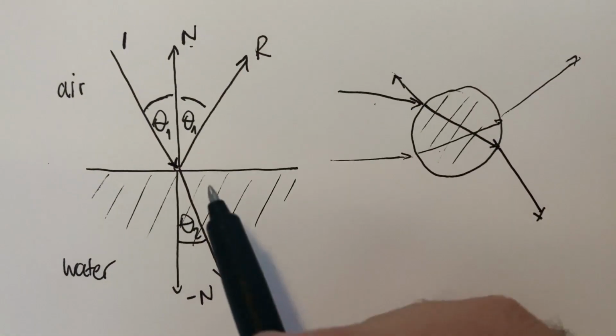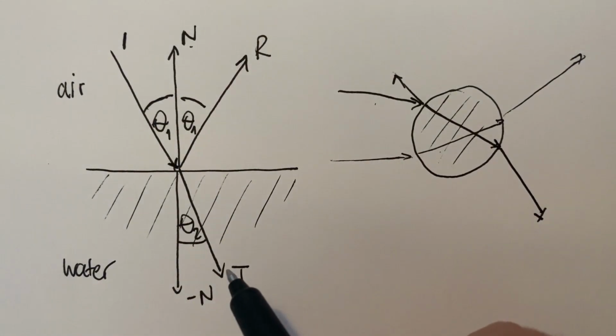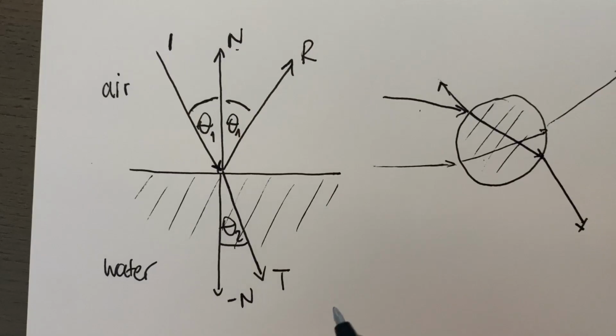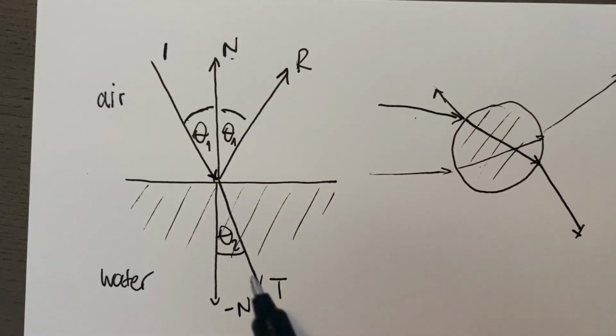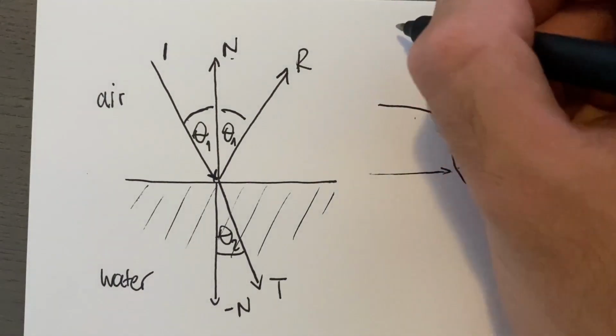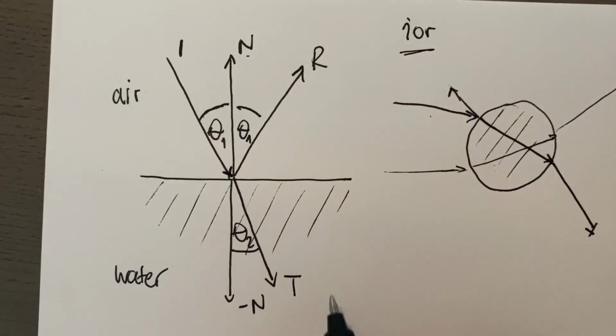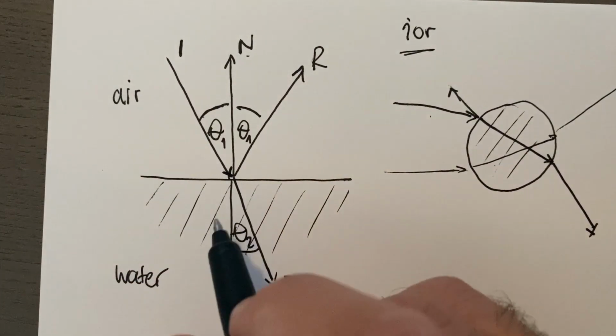But how much does this light actually bend? How do we calculate that? Before going into it, there is a thing called the refraction index, or index of refraction, also called IOR. It's spelled like this. You might see that around.